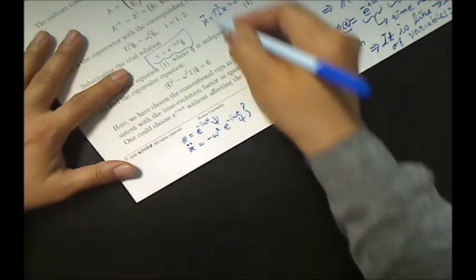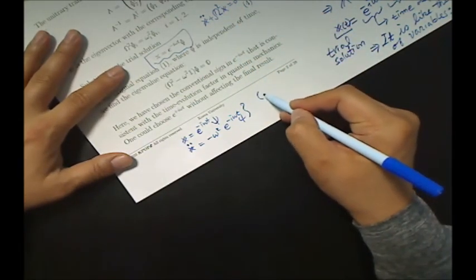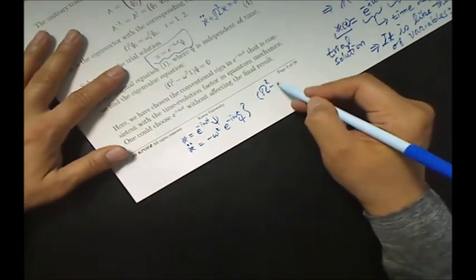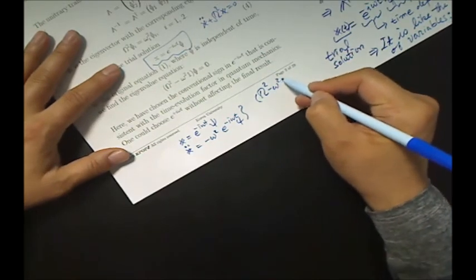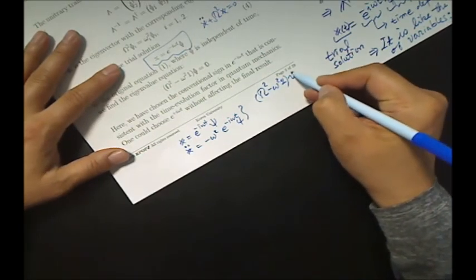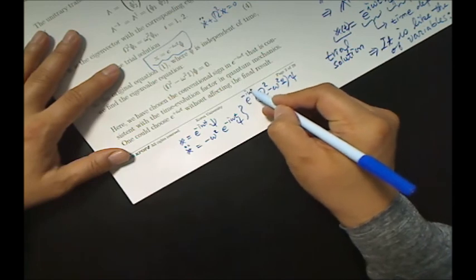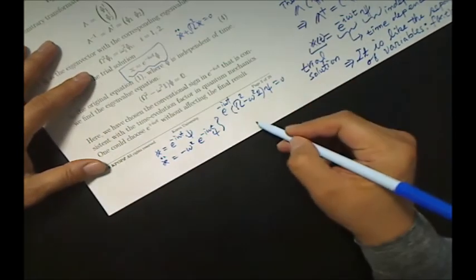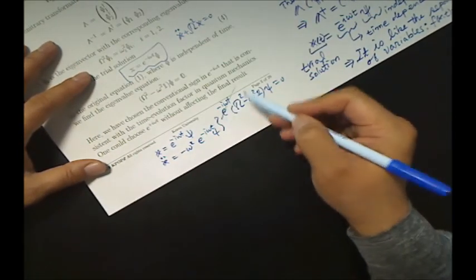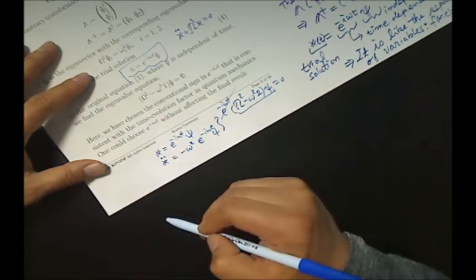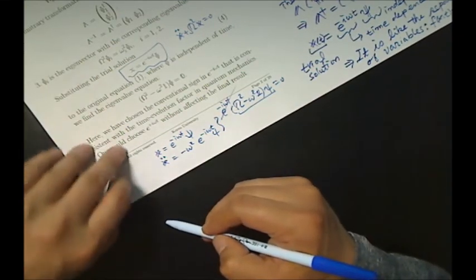If I substitute in here, what we find is omega squared minus identity times psi, where e to the minus i omega t is factored out. Because it is non-zero, we have this eigenvalue problem.